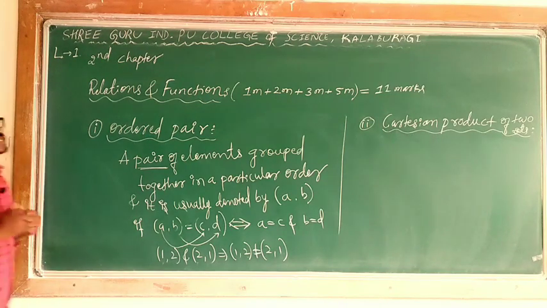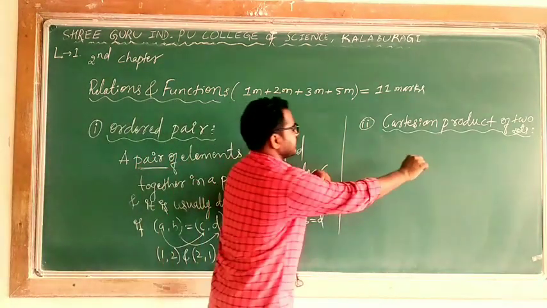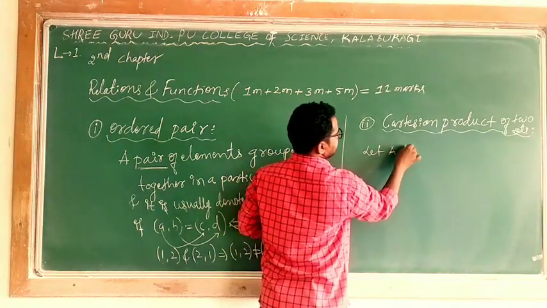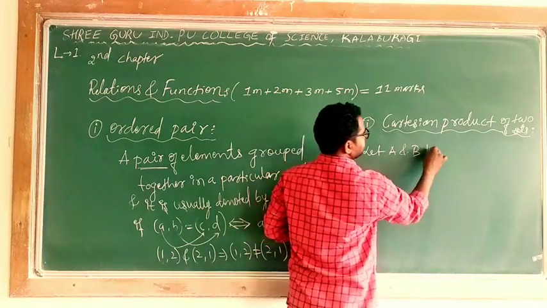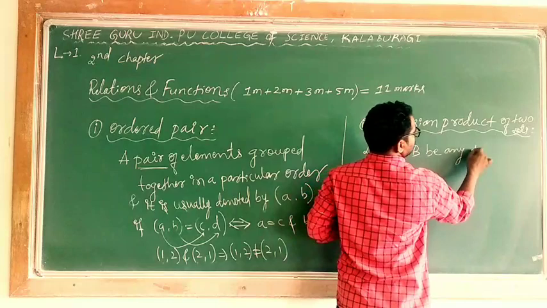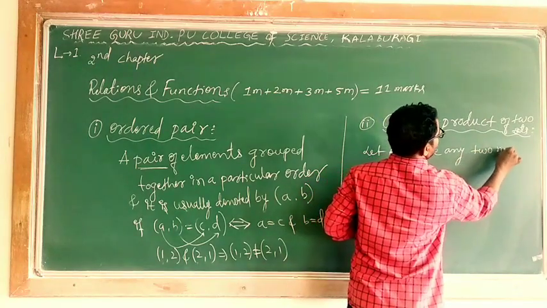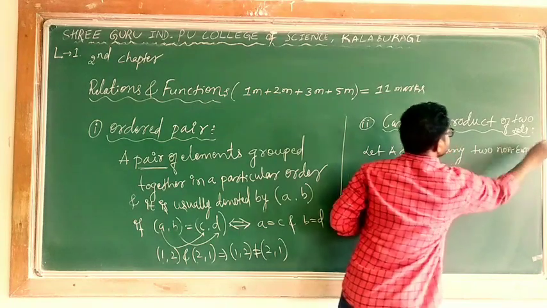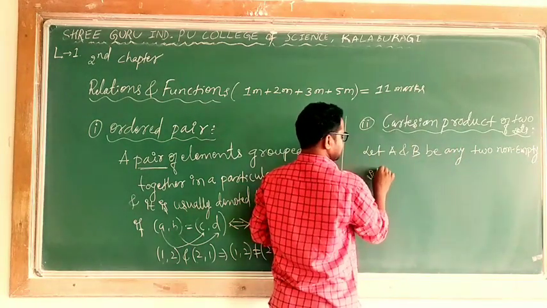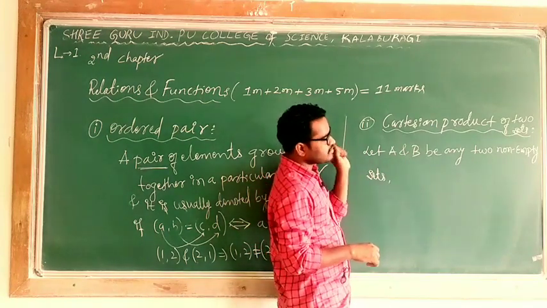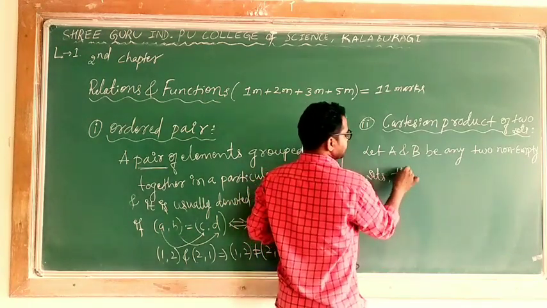So I will define what a Cartesian product is. Let capital A and capital B be any two non-empty sets. Non-empty means it should not be empty, it should have some elements.